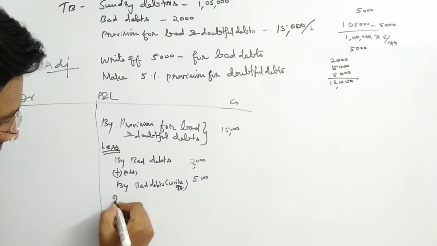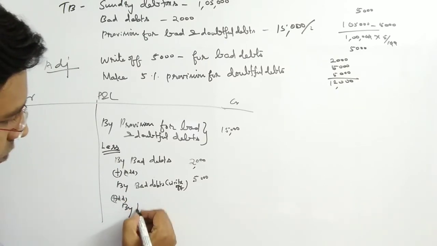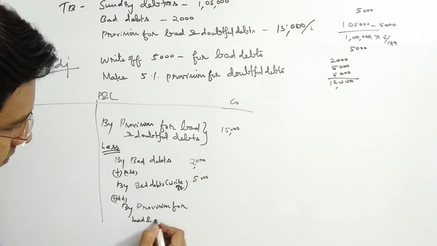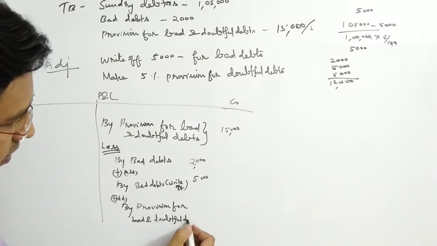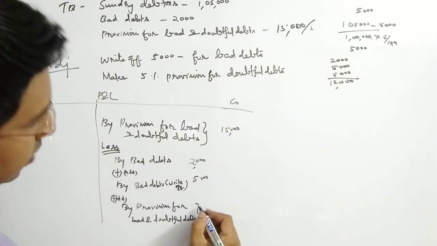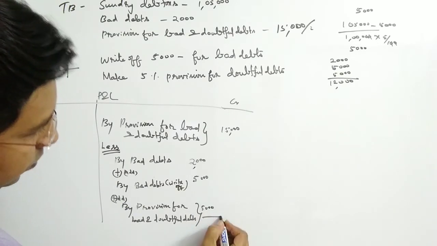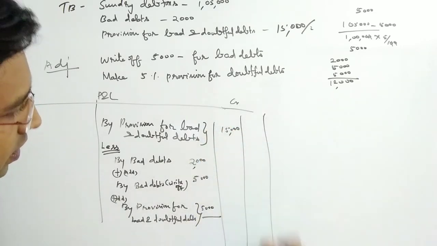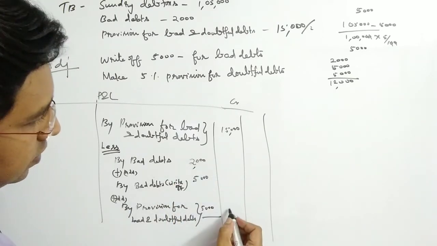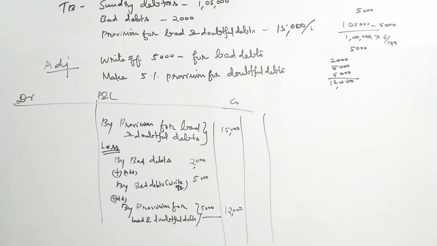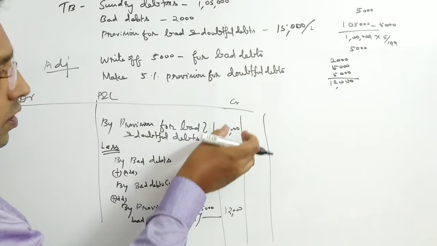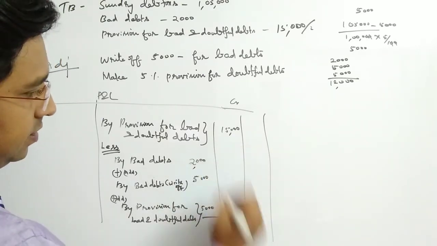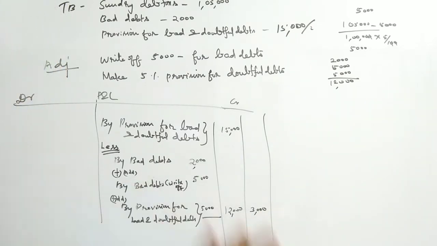Then you can add by provision, that is the required adjustment provision, provision for bad and doubtful debts, 5,000. You can write the close and put it in the inner column, this inner column, that's the outer column. 5 plus 5 is 10, plus 2 is 12,000. So this is the required value, and we are adjusting up to this value. Since the existing value is higher, we are adjusting to this value. So the balance should be written on the credit side of the P&L, 3,000. So 3,000 is the balance value.